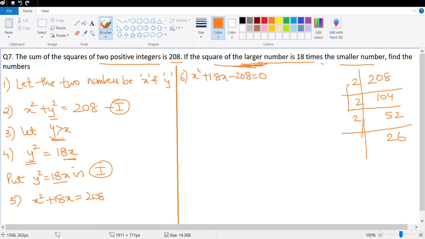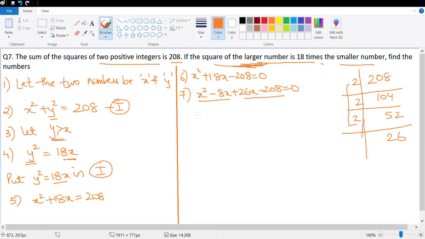So this is 2 times 8 times 26, and 26 minus 8 will give us 18. Yes, 26 minus 8 will give us 18, which means the factors will be negative 8 and plus 26. So x squared minus 8x plus 26x minus 208 is equal to 0.